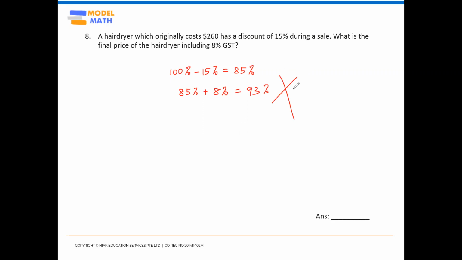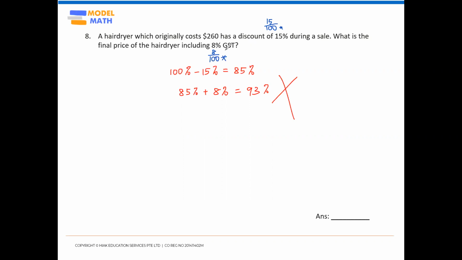Because if you do it this way, let me explain in detail. Listen up very carefully. If you do it this way, you are actually telling me that the 100 units from this 15%, because 15% is 15 out of 100, is the same as the 100 units here.